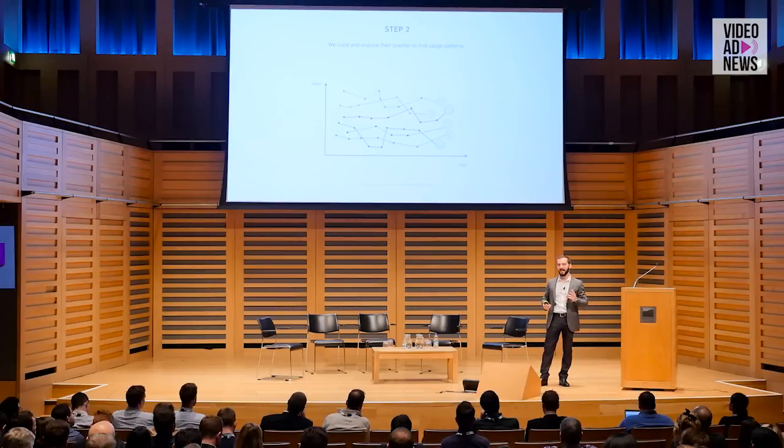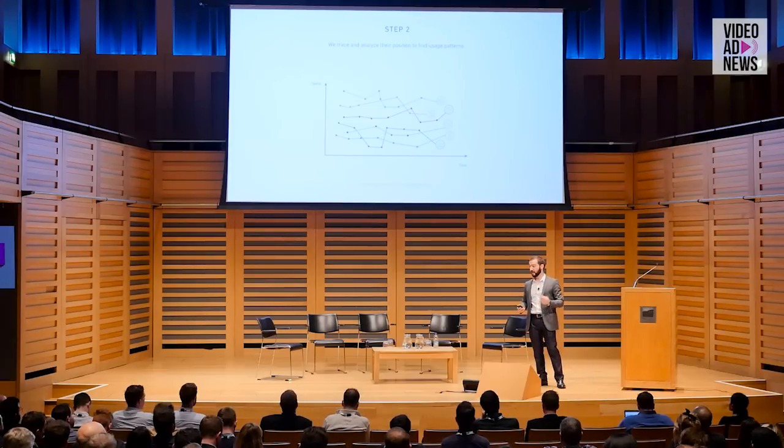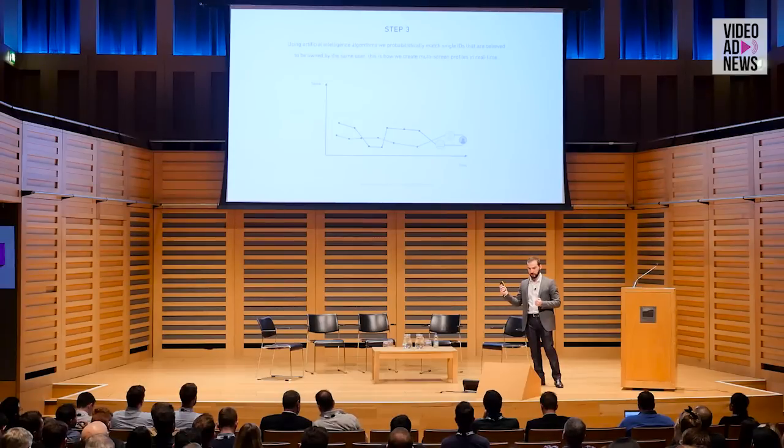You cannot do it through a naive observation of just one moment. Otherwise, all of the devices in this room that are linked to the Wi-Fi from Video Ad News are going to be linked to the same person, right? The point is that you have to have enough observations to then see that we'll all go our separate ways at some point, and then increasingly the algorithm will match our portable devices with our home devices, perhaps. And that's it. That's how you know you have a match over time.